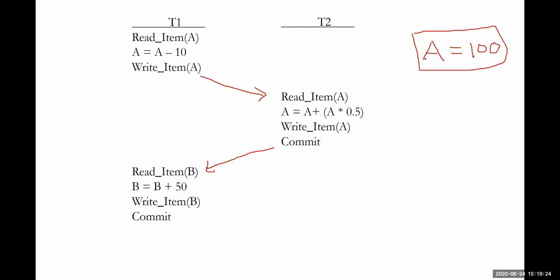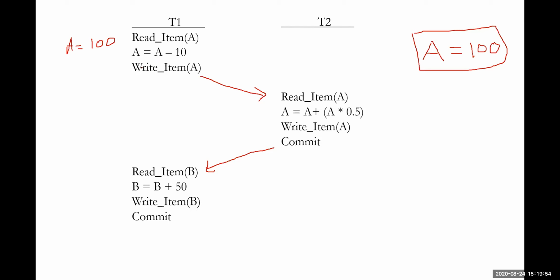When you read this item, the read operation takes this value and places it in the local buffer of the transaction. This value has been read by transaction T1, so A's value in transaction T1 will be equal to 100, and A will be modified. Yes, A has been modified by minus 10.